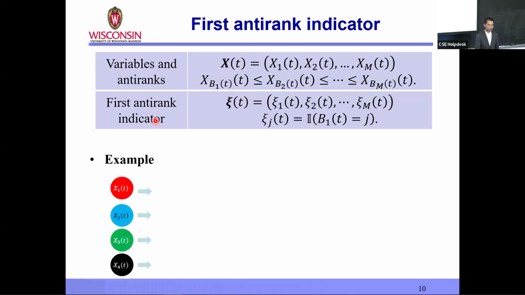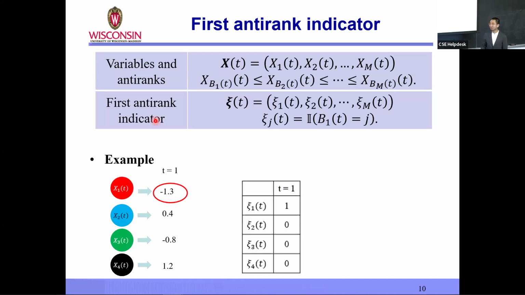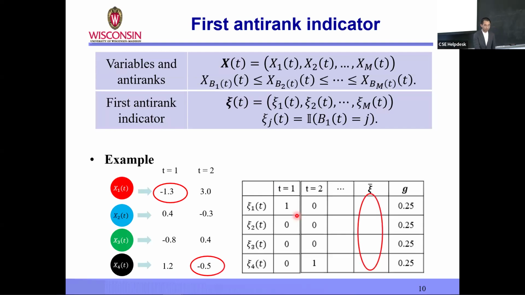Let me give you an example with four data streams. First at T1, we get the measurements, and we know X1 is the smallest one. Then we assign 1 to the indicator ξ1 here, and 0 to the others. For the next time point, similarly, we can get the indicator. Over time, we can estimate the expectation of the indicator based on the historical in-control data.